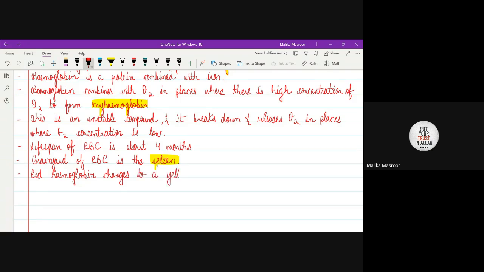No, it's for red blood cells specifically, Zoya.